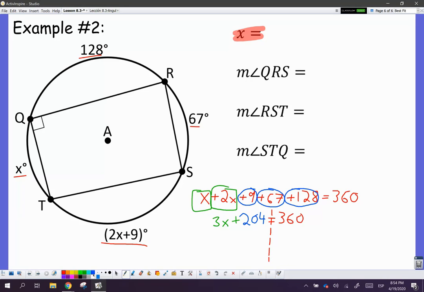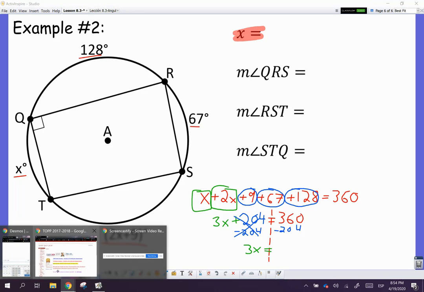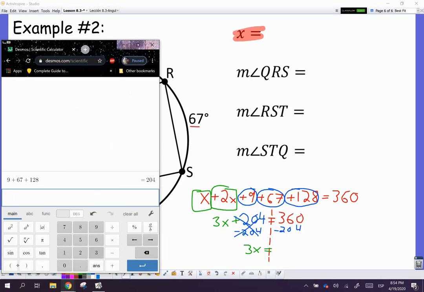Now I need to solve this. I'm going to start by canceling out the constant, since I already have the variables all on the left-hand side. I'm going to cancel out 204 by doing the opposite of plus, which is minus. Whatever I do on one side, I do to both. So this cancels out, and I'm left with 3x on this side equals 360 minus 204.